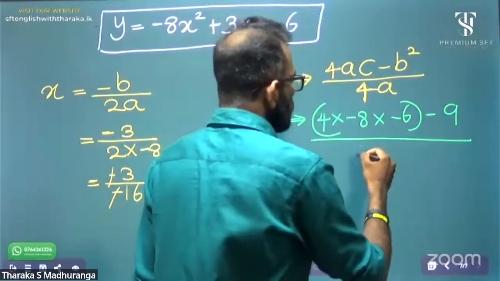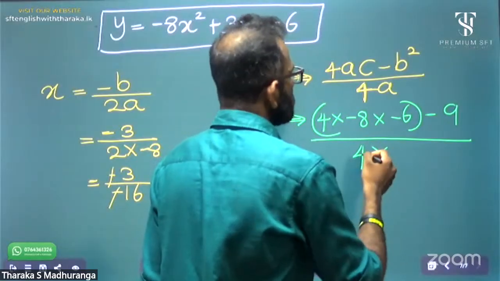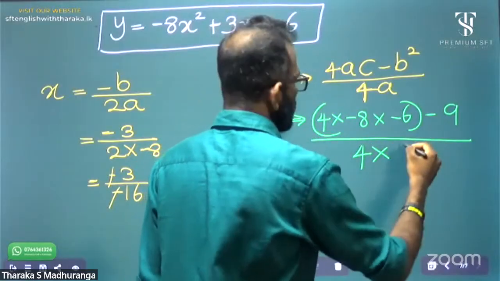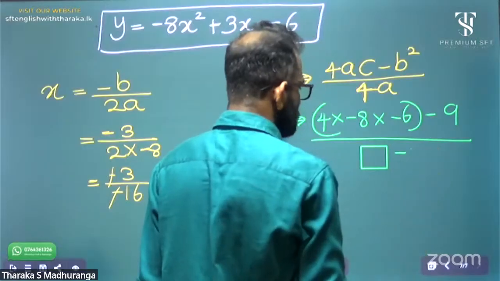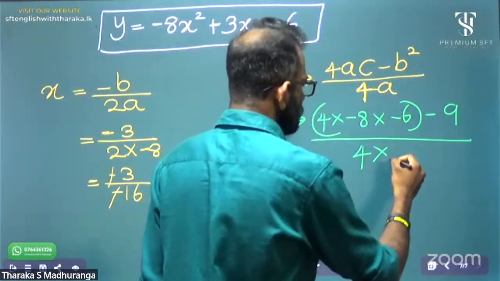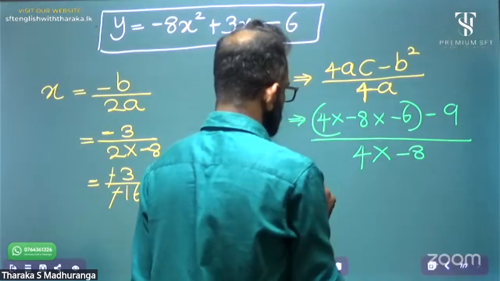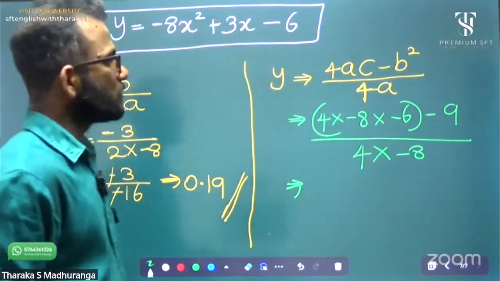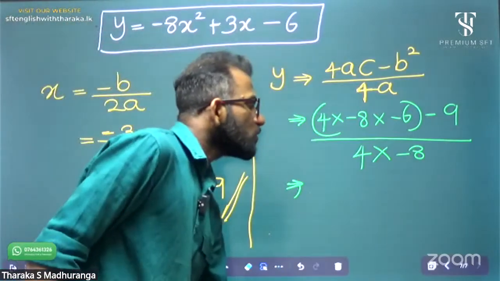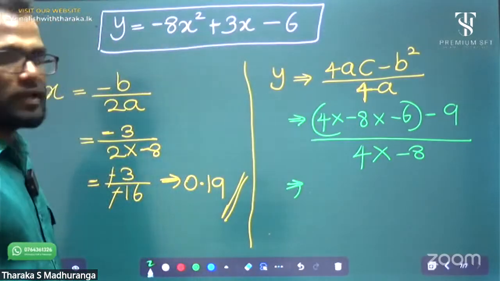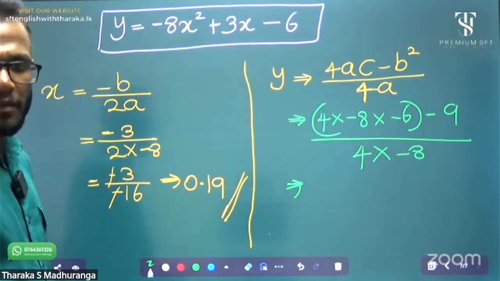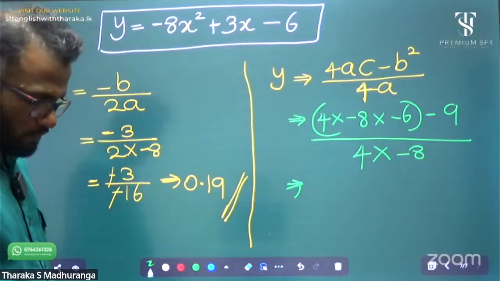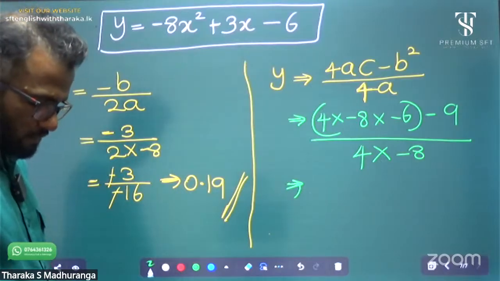Divide by 4 into a. 4 multiplied by a, which is minus 8, 4 into minus 8 is minus 32. Minus 32 into minus 6.